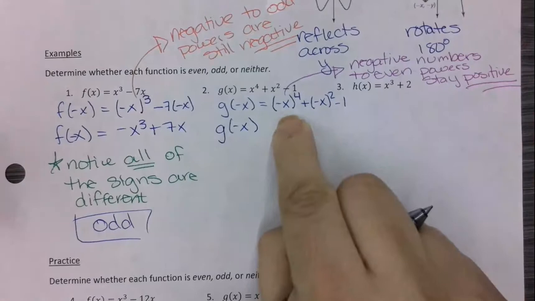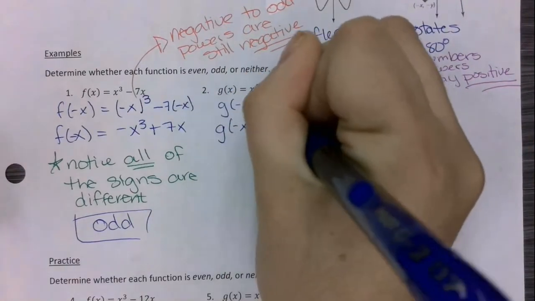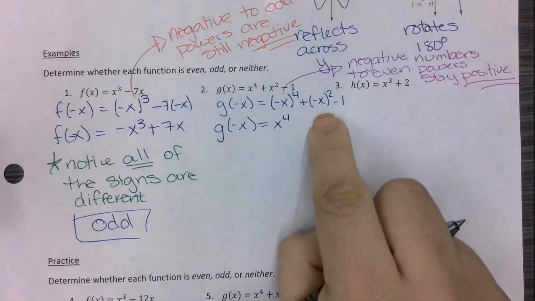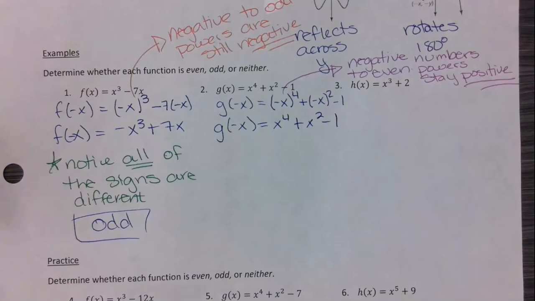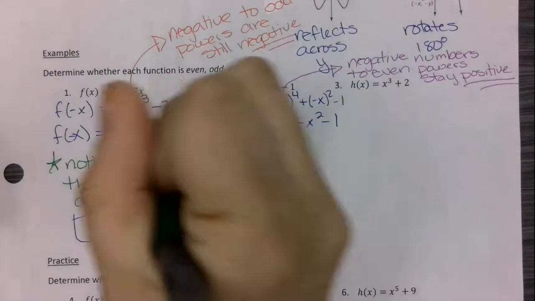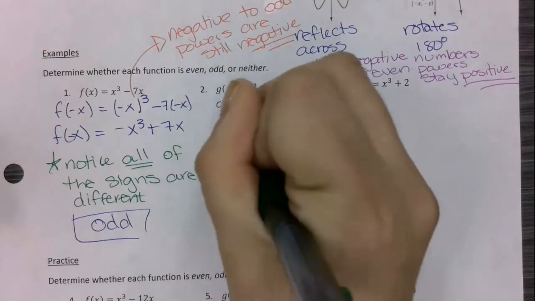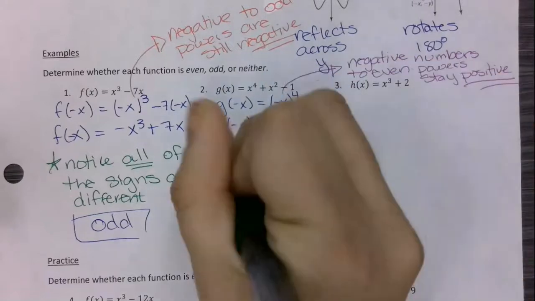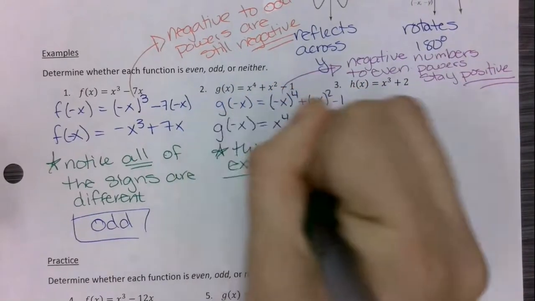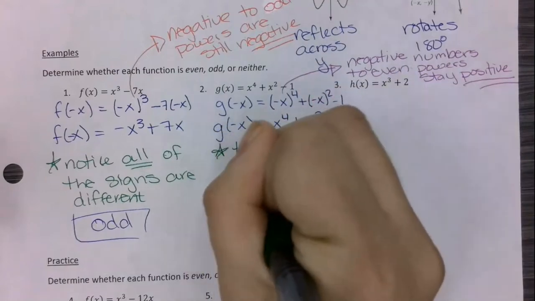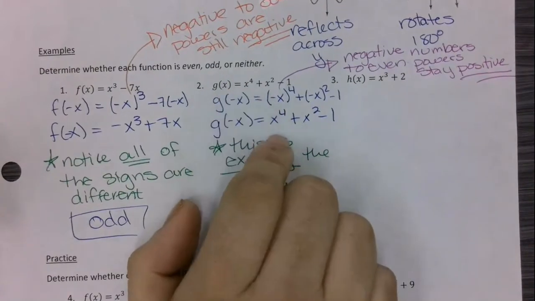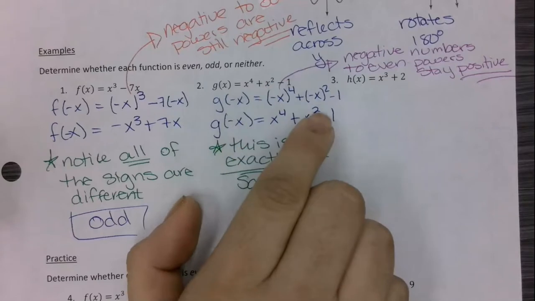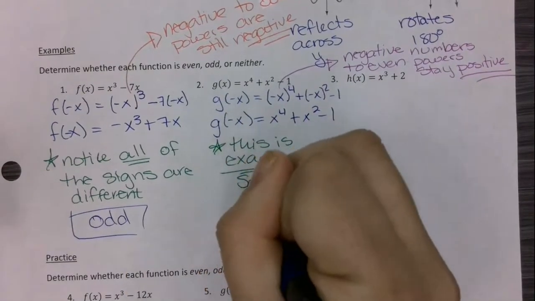Negative x to the 4th turns into... and negative x squared turns into... and then the minus 1 doesn't change. So since it's exactly the same as the one I started off with, x to the 4th, positive x squared, and negative 1, this one is even.